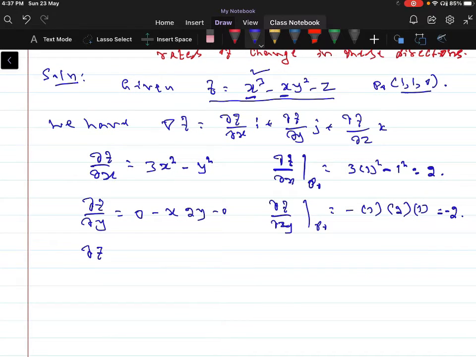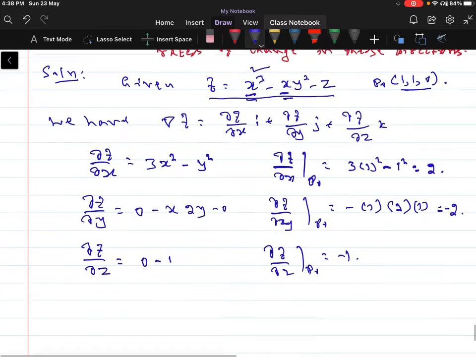Differentiate f partially with respect to z, treating x and y as constants. The differentiation of x cube and minus x y square is 0, minus the differentiation of z, which is 1. So del f by del z at the point P naught is equal to minus 1.